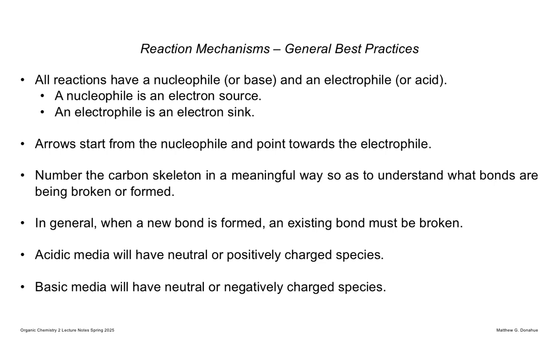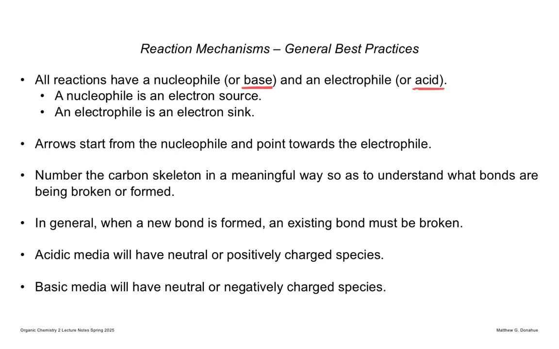So all reactions have a nucleophile and an electrophile. That's the most general sense. If we're dealing with proton transfer, then we just call it acid-base reactions. The nucleophile is an electron source, so that's a lone pair of electrons or a pi bond.